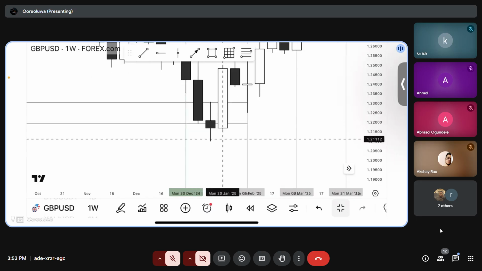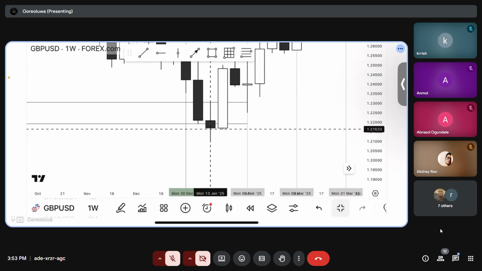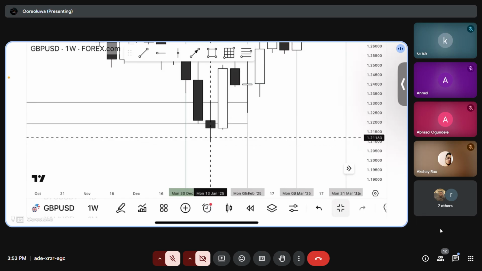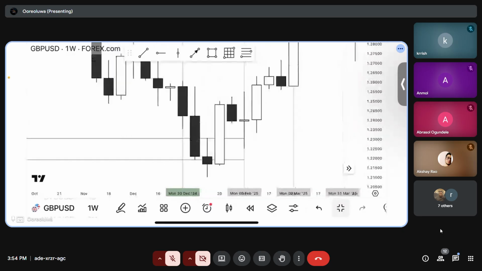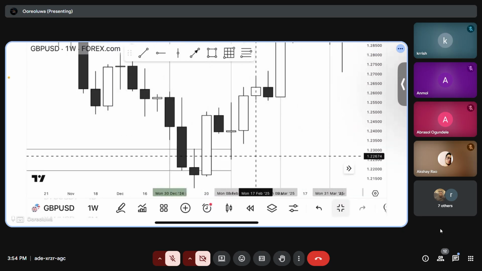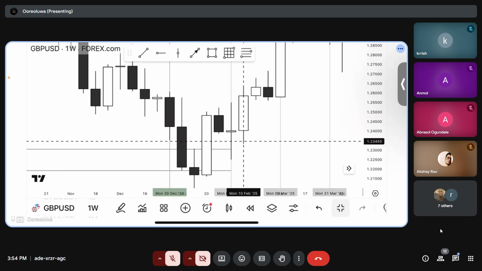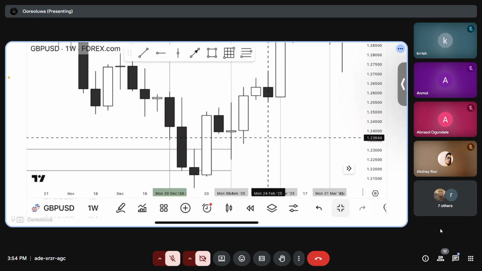Okay. So this second week, all right, this low, you might look for trade from there, a buy. Okay, forming the low of the month. First week, this is the second week. So this formed the low of the month. Okay. Yeah, February.